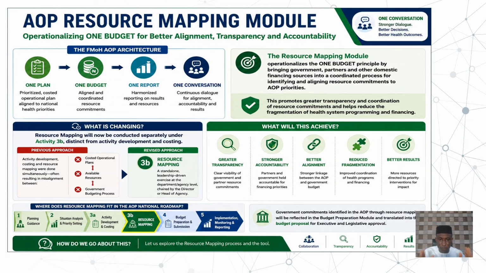But in this module, we are focusing on resource mapping, where government and partners express their commitment against the identified priorities and activities. And like I mentioned earlier, it is expected that government commitment must be translated into budget proposal for executive and legislative approval. So now let's go into the AOP tool to demonstrate how to go about this.